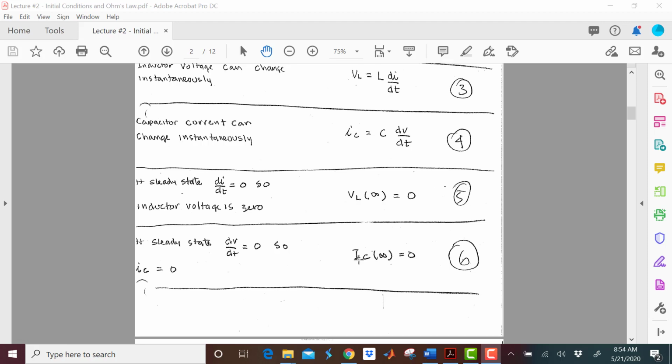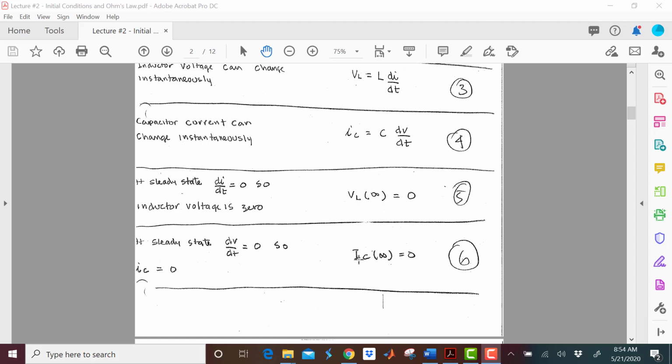And just one more comment about steady state is, remember we said that for the kind of problems we're doing in Chapter 8, the circuit sits in a topology for a long, long time, meaning that it comes to steady state. So d anything/dt is equal to zero. Then we do some topology change. We close a switch, we turn on a voltage, something like that at t equals zero.